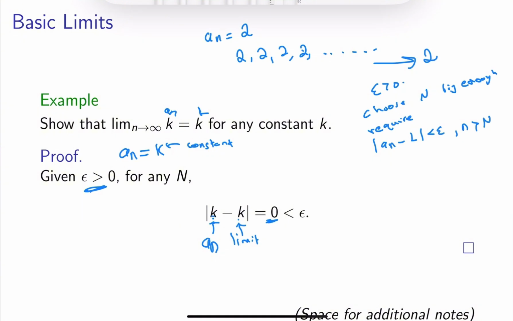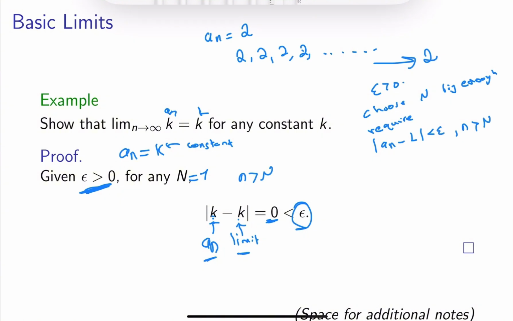This is 0. So this is always less than epsilon. 0 is always less than epsilon because epsilon is a positive number, right? So you can choose any n that you like. You can choose n equals 1, for example. And then for any n bigger than that n, this will happen, right? It will be that a_n minus that limit is less than epsilon.